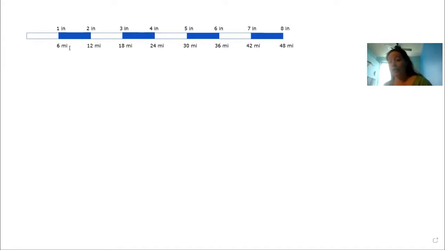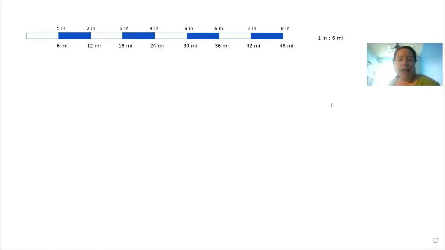So if you had your ruler, you could then take the 1 inch and you measure out to 6 miles. They will also normally, and I forgot to put this in here, have a 1 inch, 6 miles thing off to the side as well. They normally have it actually written as well as just in the picture drawing.